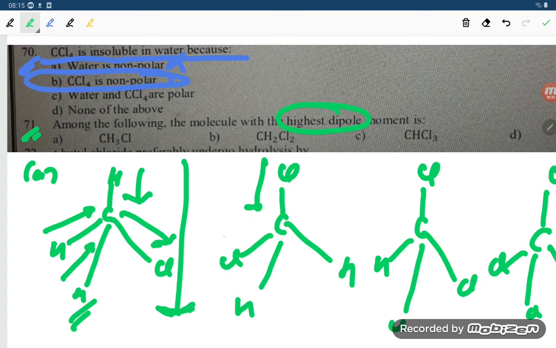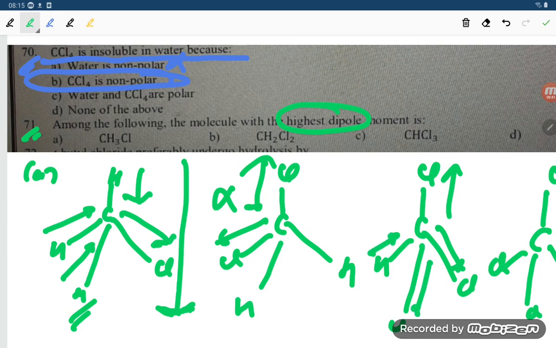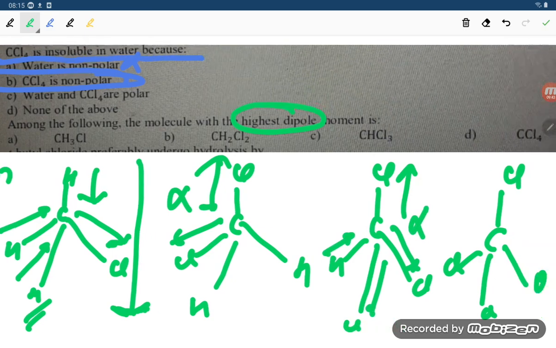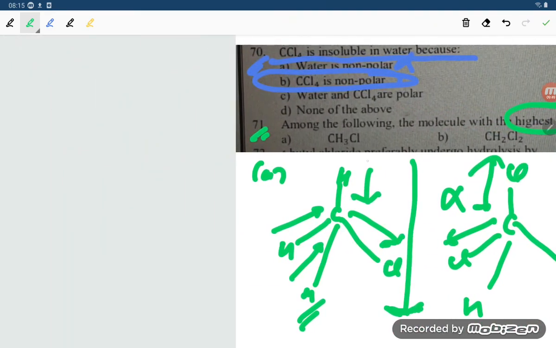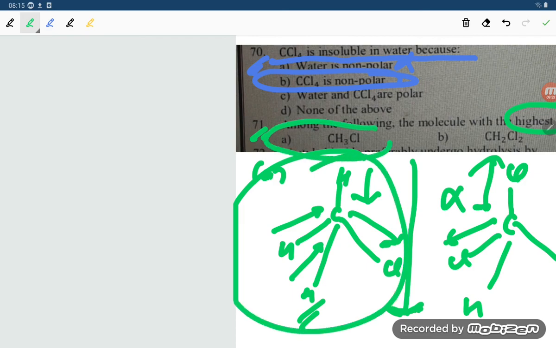In the others, the vectors are in opposite directions, so they cancel out, completely opposite direction. So the correct option will be option number 1. Option A is the correct answer.